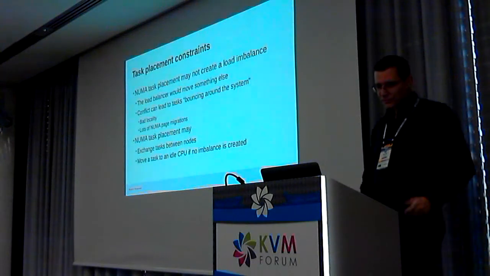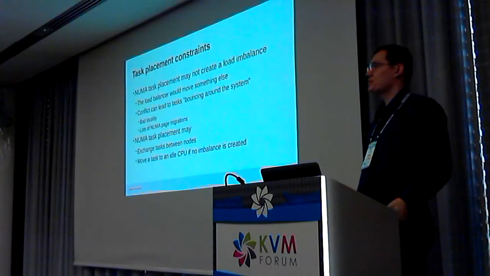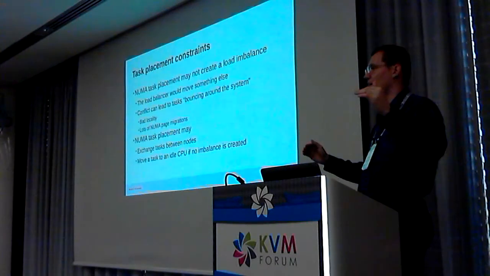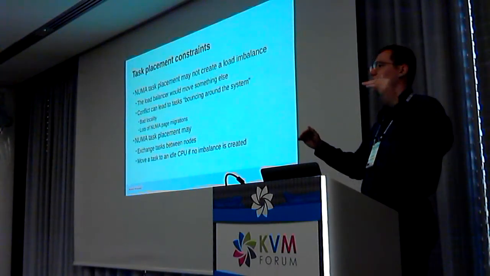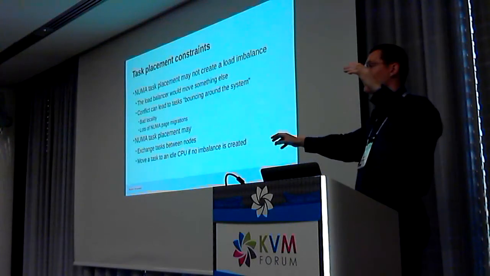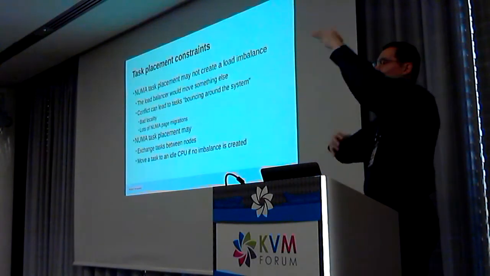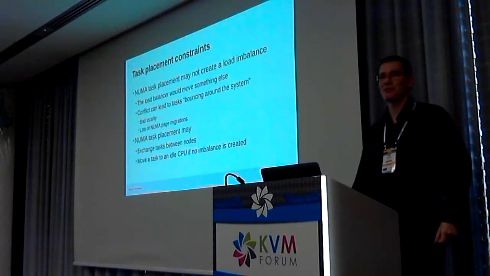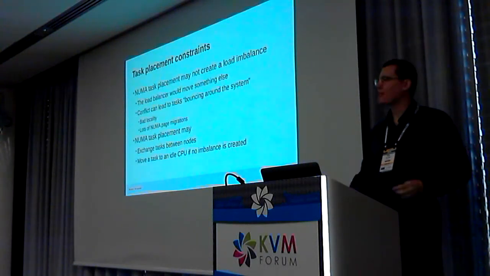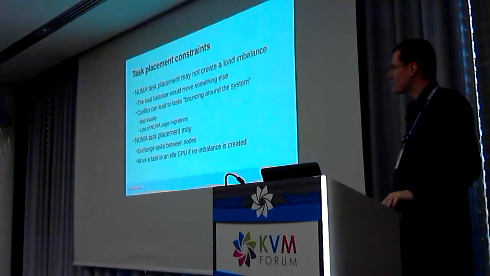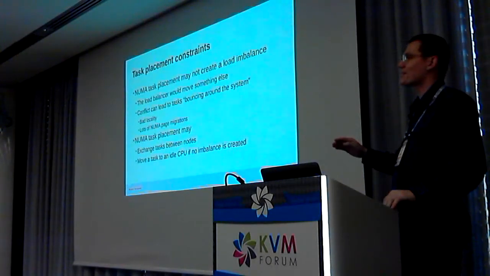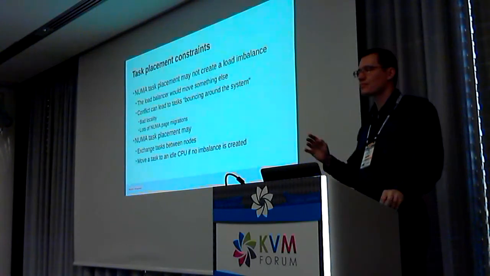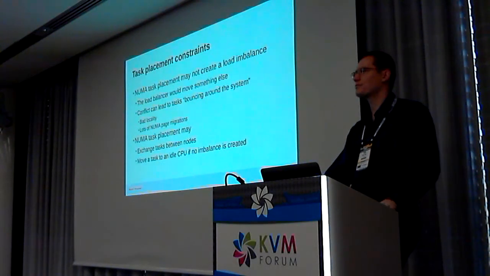And if the NUMA code always does what it wants to do, then the NUMA code might create an imbalance by moving a program, and then the load balancer might move some other program back over, and things keep tumbling around the system like a washing machine, and we keep creating more and more overhead. So the NUMA code has to be very careful to only move things around when it does not create an imbalance that a load balancer would trigger.